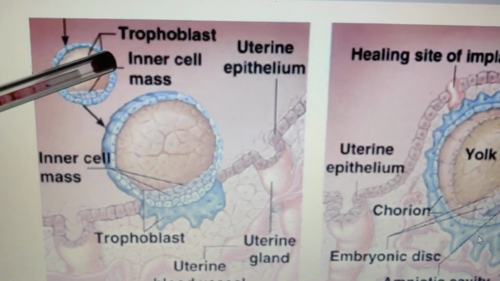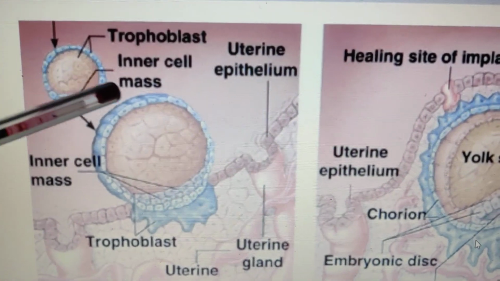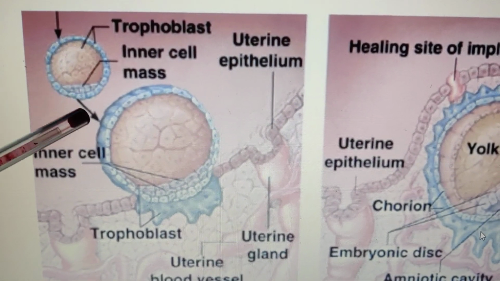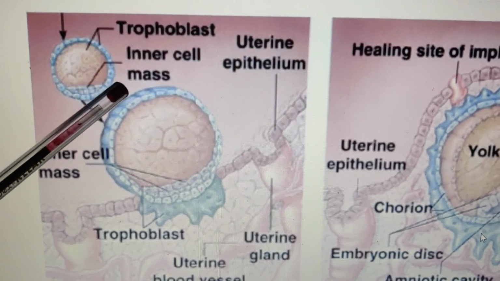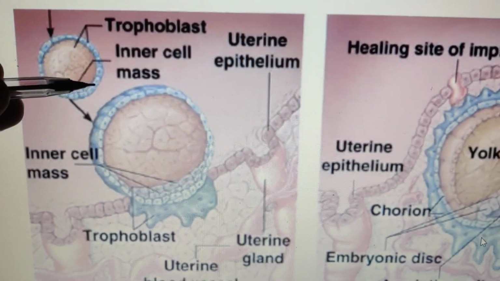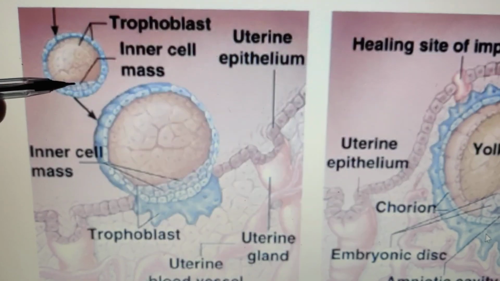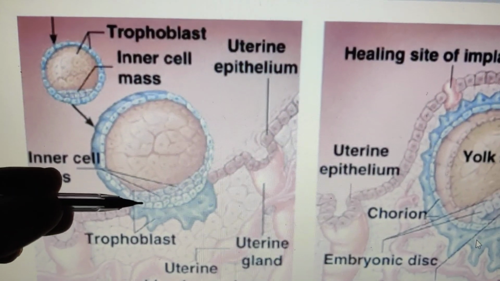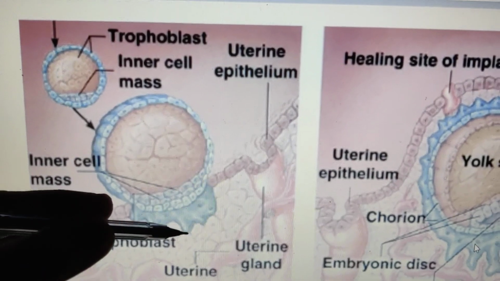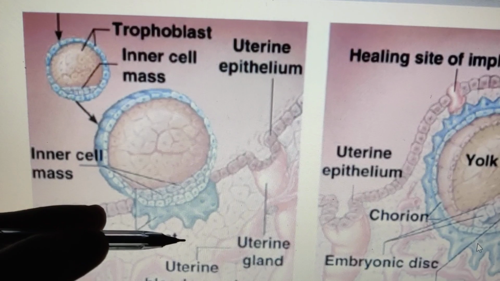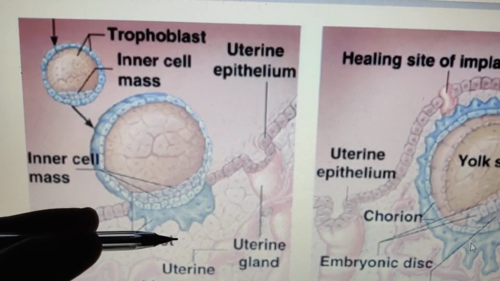This picture is showing how the implantation occurs. This is the blastula stage. The trophoblast cells of this region, which are in contact with these cells, form finger-like projections. You can see these finger-like projections. These finger-like projections get inserted inside the endometrium of uterus.